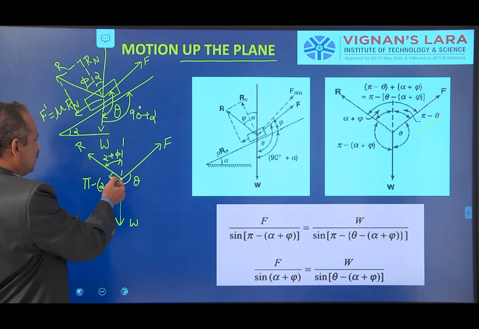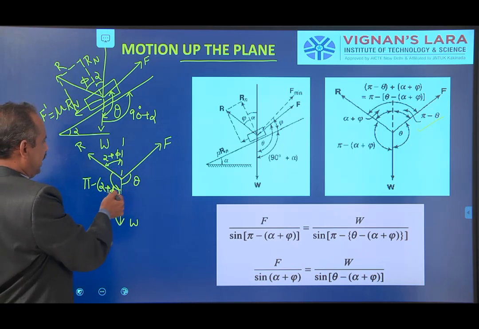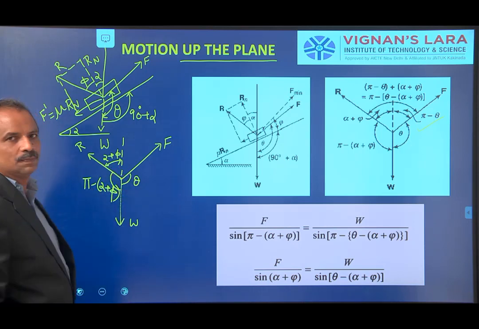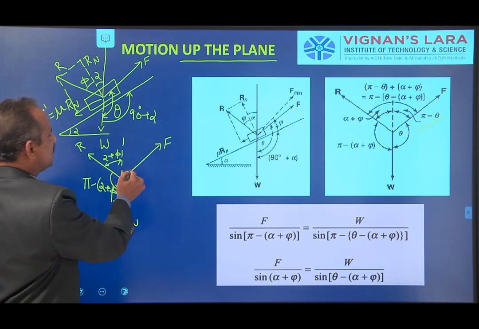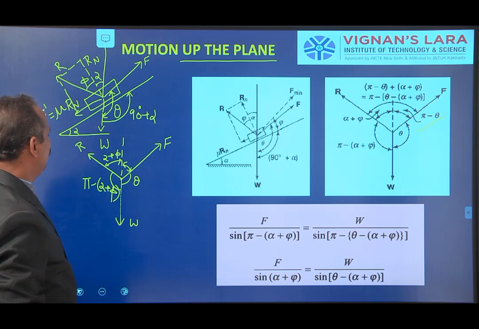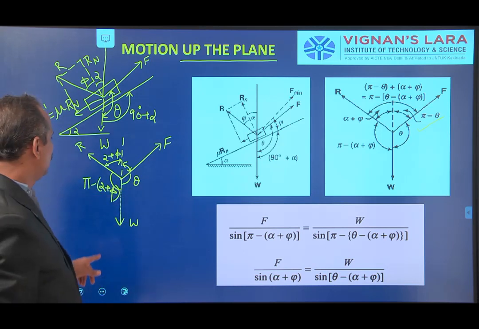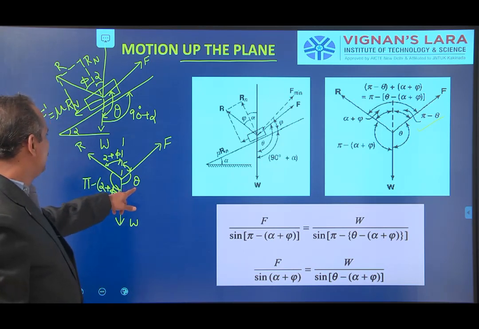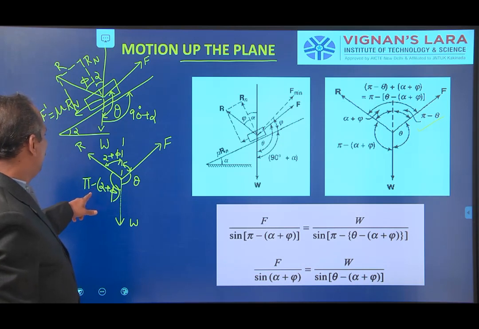If this is alpha plus phi, the total angle is 180, so 180 minus (alpha plus phi). Then what about this angle? The total is 360. Out of it, you know this is theta, and this is pi minus (alpha plus phi), and this is alpha plus phi.